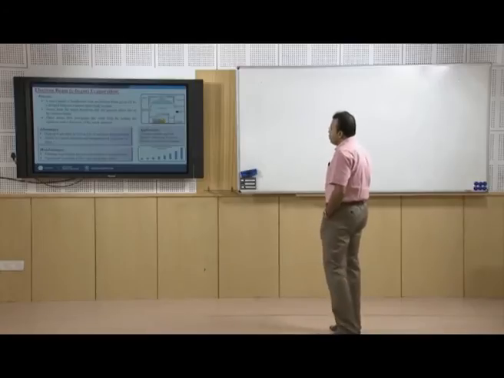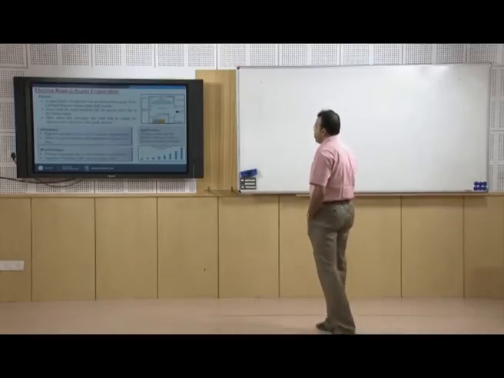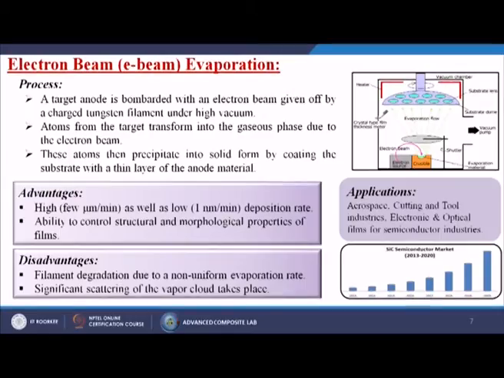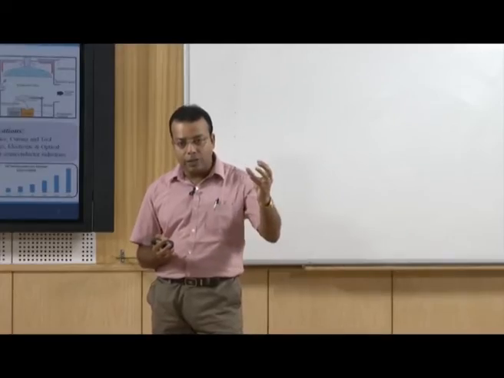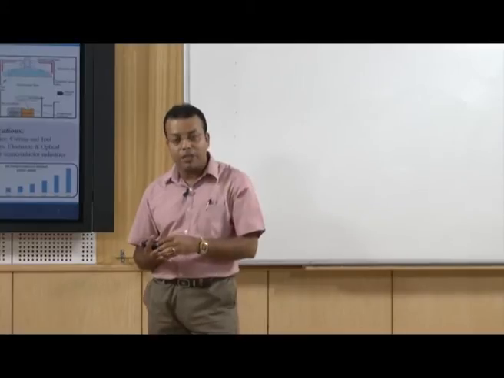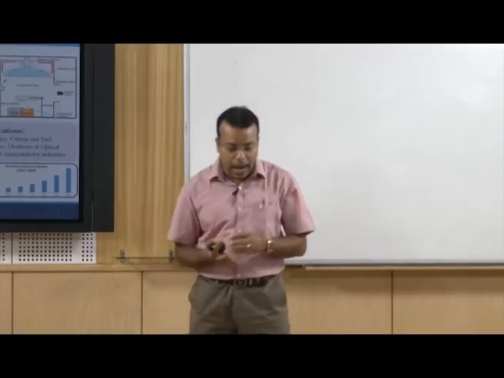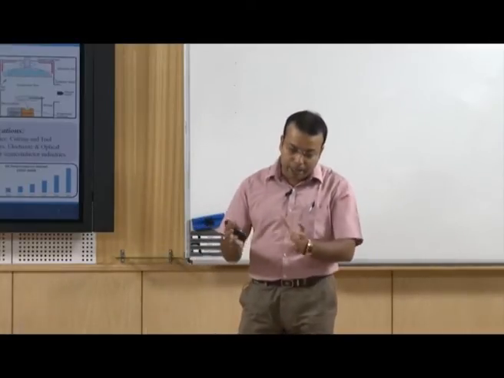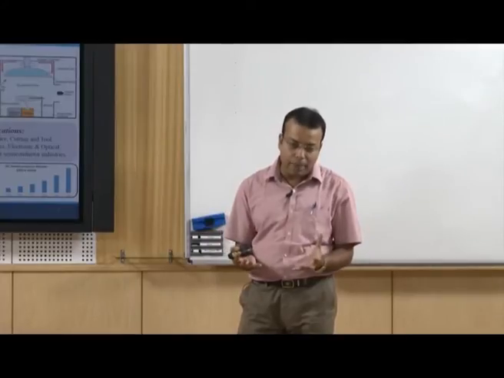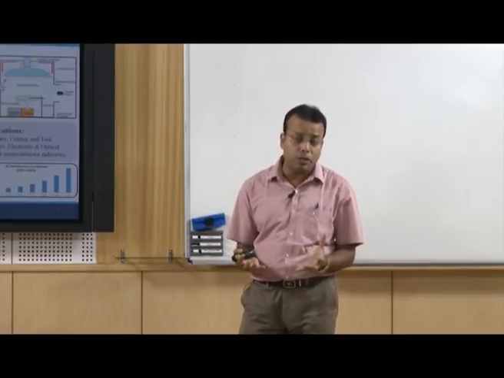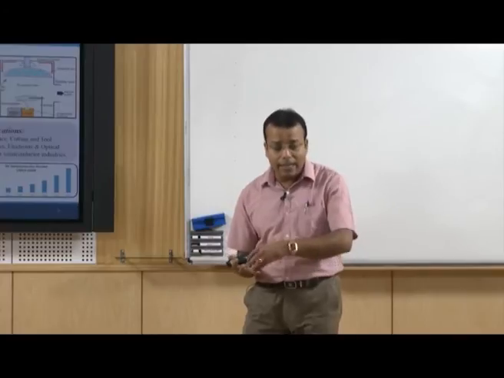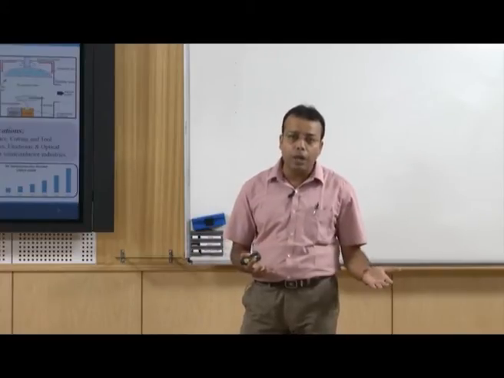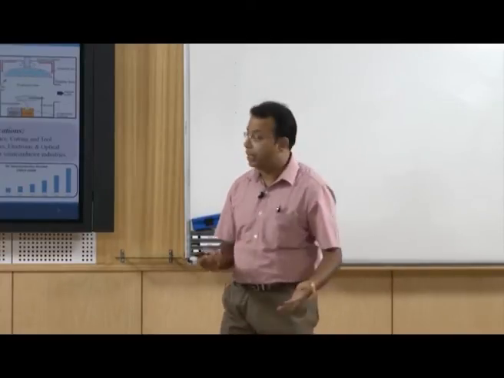Next we are going to discuss electron beam evaporation. From the name itself we can understand that here we are using electrons, and we bombard that electron beam onto the source or precursor material. The precursor material then releases certain kinds of ions, molecules, or plasma, which directly deposit onto the base metal or substrate.